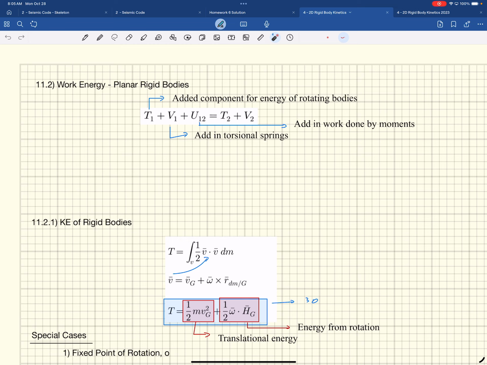And then 1/2 m v_G squared plus 1/2 I_G omega squared, right? That is the kinetic energy, plus 1/2 k s2 squared. Right? So this here, that's just V1.